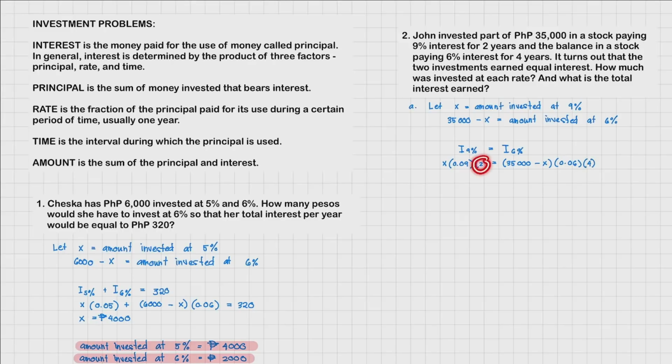So 2 here represents the 2 years that it was invested for, and the 4 here represents the 4 years it was invested, right?